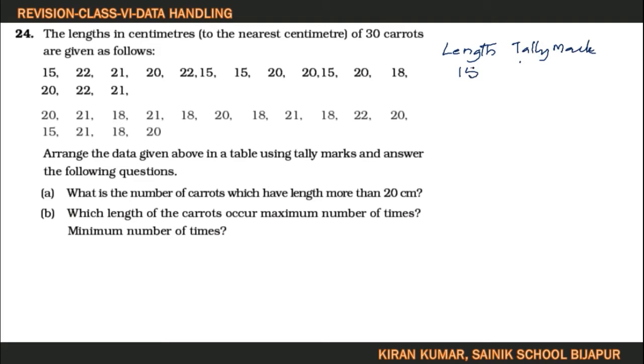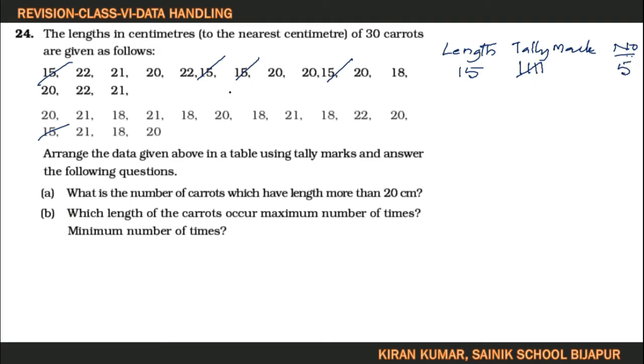If it is 15, 1, 2, 3, 4 and 5. The tally mark is 5. Here I'll write the number of carrots. The number is 5.